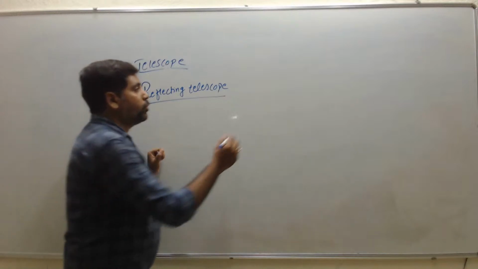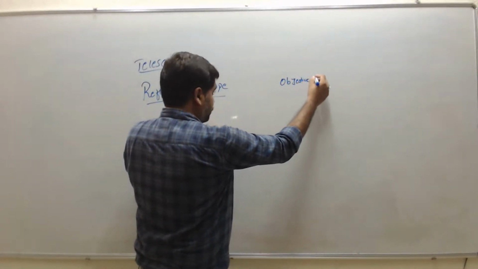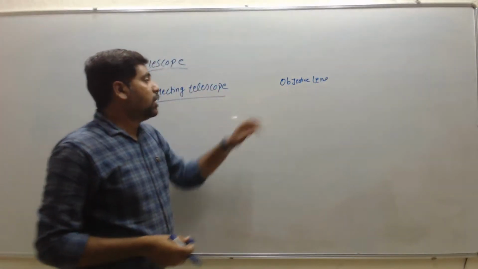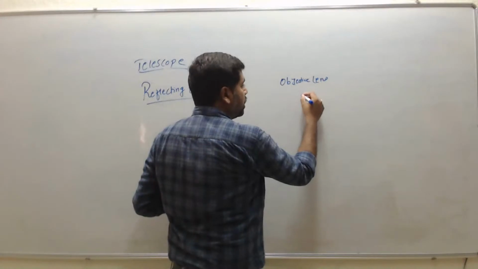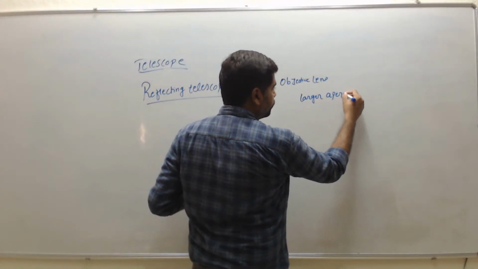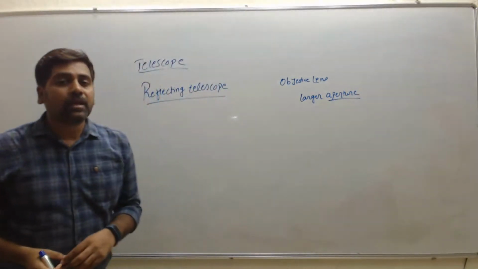So in the telescope, we are using the objective lens which has a larger aperture, nothing but the diameter of the lens.